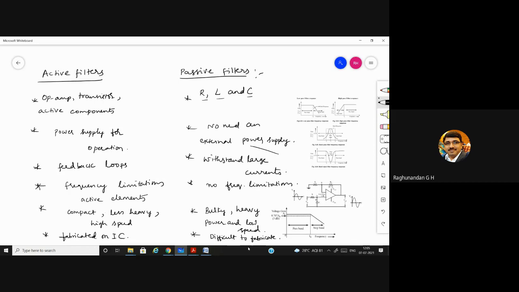So when it is difficult to fabricate, obviously we need to use discrete components. When you use discrete components, automatically the size, cost, everything will be increased. So these are the many differences which we can see between active filters and passive filters.